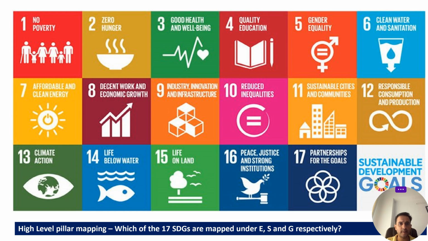So these are the SDGs. Number one is no poverty, then zero hunger, then good health and well-being, gender equality, clean water, which is related to environment. In total, we have 17 SDGs. Now, as a very small exercise, just look at this slide. You can pause the video, look at the slide, and try to map the SDGs with E, S, or G. A single SDG can be mapped to all three.